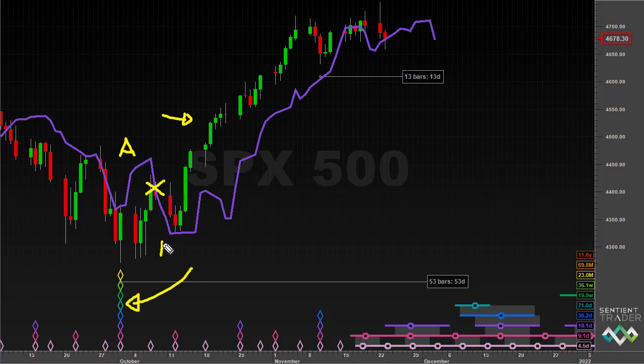We then expect a B-C category interaction, and we experienced one of them over here at the formation of the 10-day cycle trough, but the true BC category interaction is expected at the time of the 20-day cycle. And so the 20-day cycle has been very difficult to actually pinpoint on this chart.